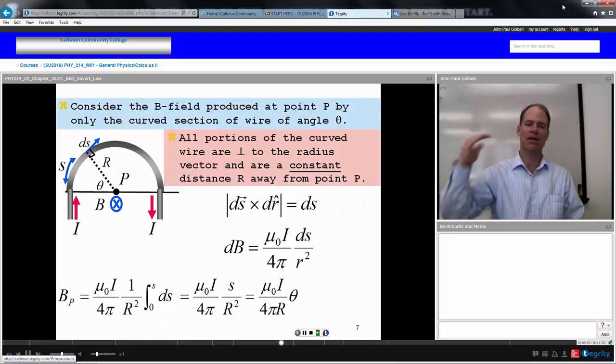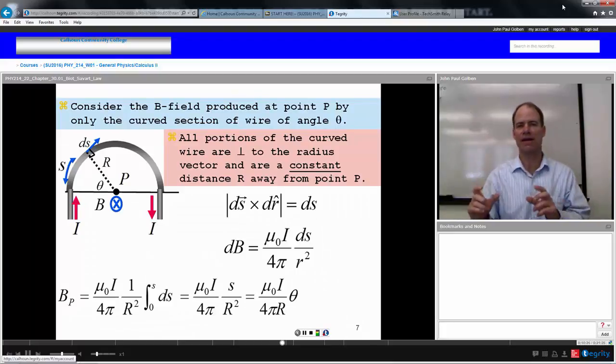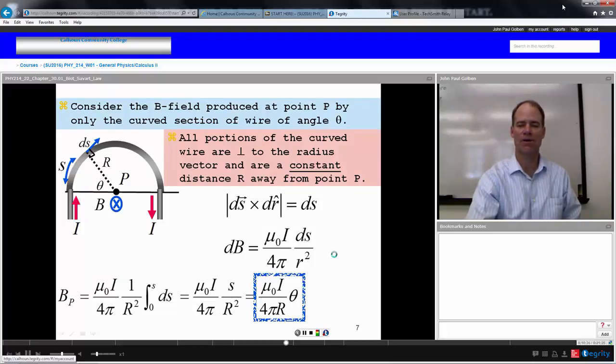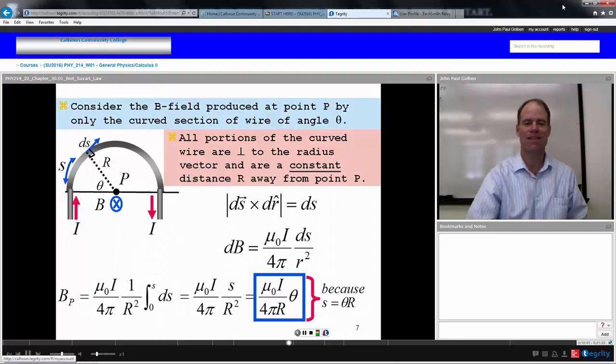S is the arc length, which is equal to the angle theta times the radius of the arc if theta is in radians. So this is going to be equal to mu naught I theta over 4 pi r, where theta is measured in radians. That is the magnetic field at the center of an arc of radius r with angle theta in radians. How great is that?